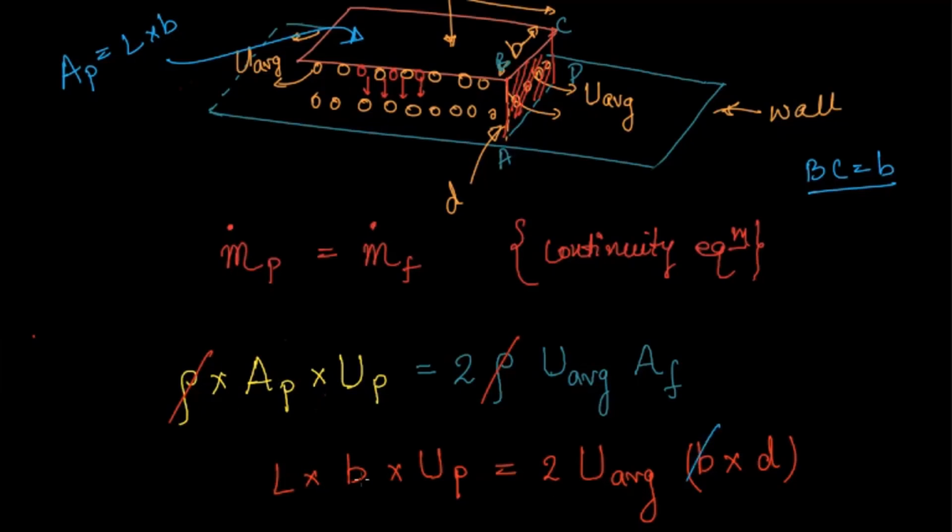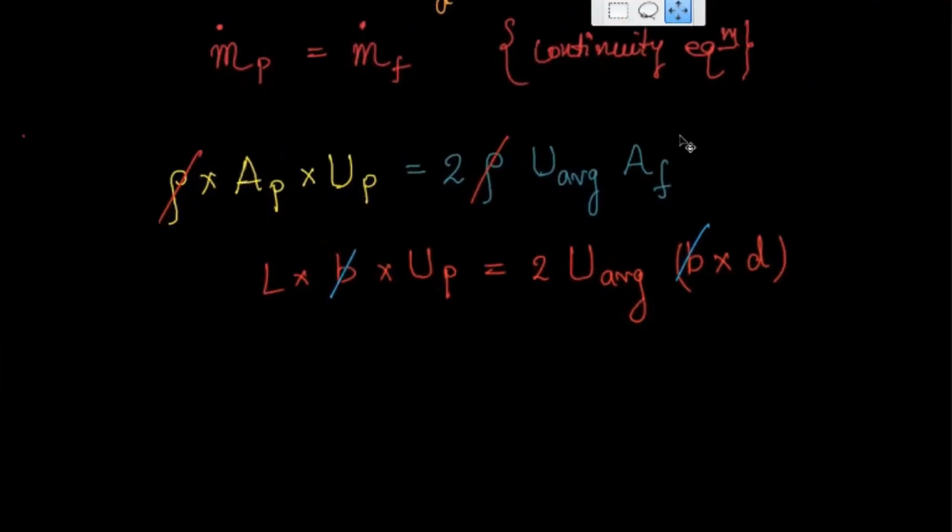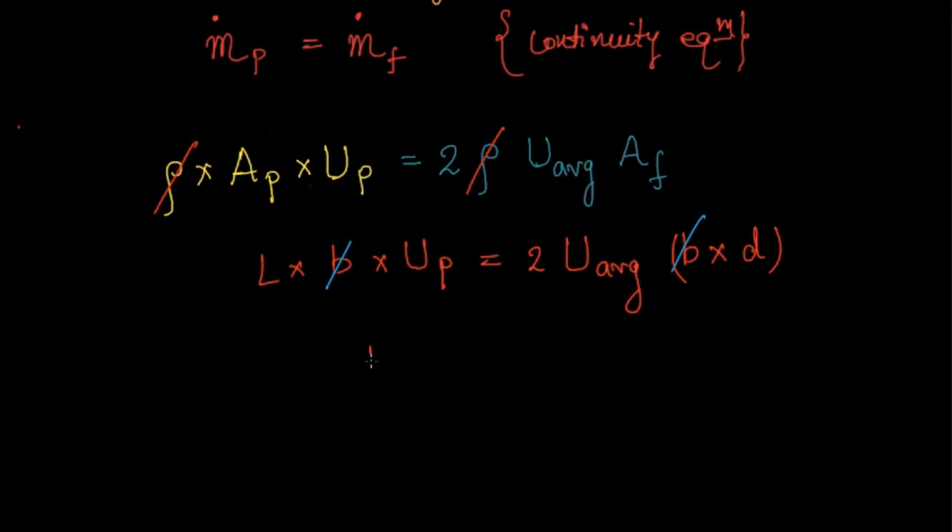So we can cancel out b from here, and then the average velocity of fluid will be equal to L times the velocity of the plate divided by 2 times d, the separation between the plate and the wall. In the problem the value of L is given, right?